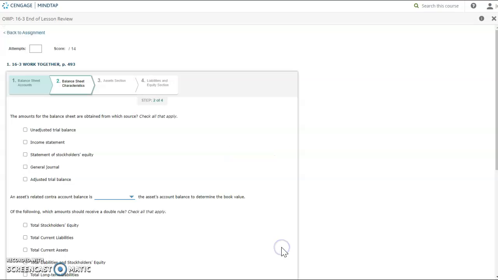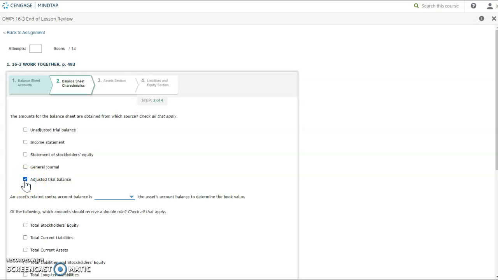And next step. Okay, on my next step, it says the amounts for the balance sheet are obtained from which source, and we're going to check all that apply. So a lot of the information that we are going to get is going to be our adjusted trial balance.